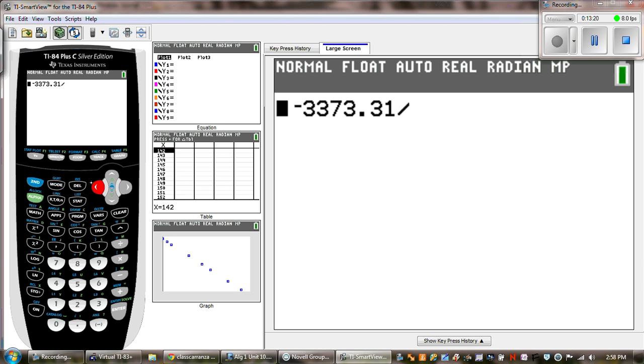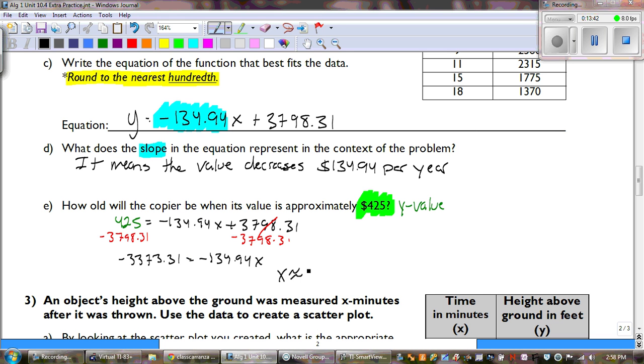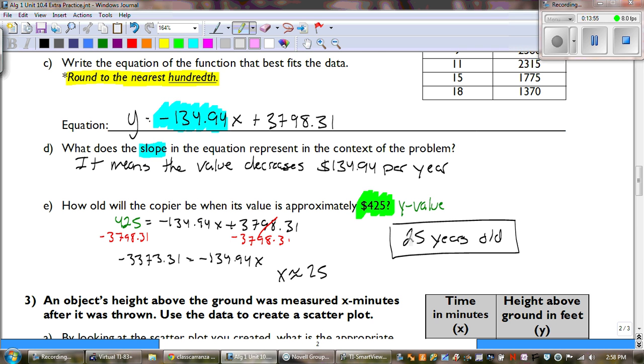I hate it when that happens, but did you know that you can just use the back button to get out of that? Yeah. And so I'm going to divide that by negative 134.94. And we have to round that. So about how many years is that? Yeah, that's about 25. So when it's 25 years old, it's going to be about $425.